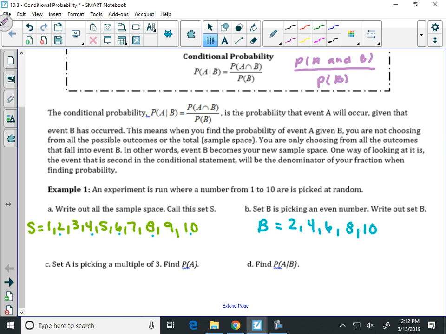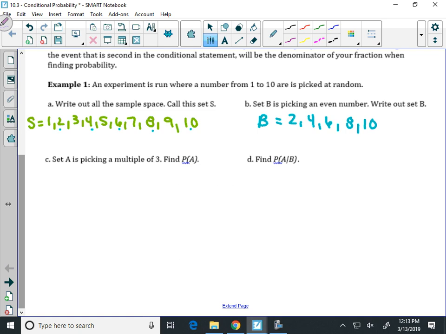Set A is picking a multiple of 3. Find the probability of getting set or event A. In other words, find the probability of picking a multiple of 3. There's no condition on this, it just says probability of A. So when there's no condition, you're looking at the total possible outcomes, the actual sample space. How many elements are in our sample space? 10. So 10 is going to go on the bottom.